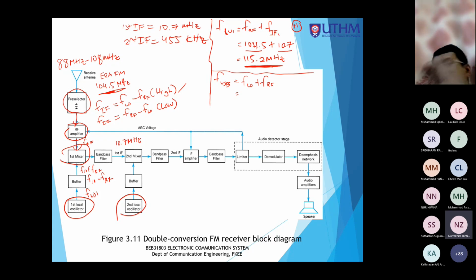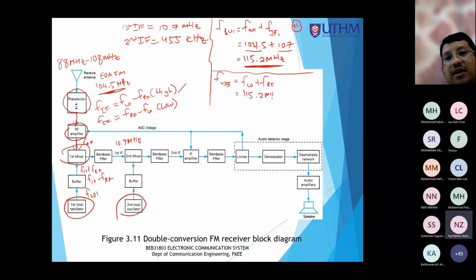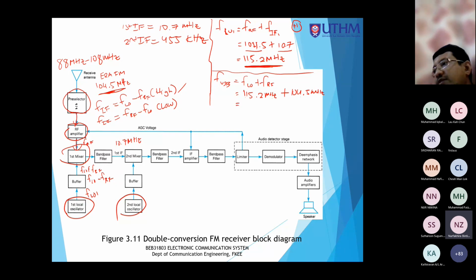So this is 115.2 megahertz plus the radio station that I want to listen to, 104.5 megahertz, so 219.7 megahertz.